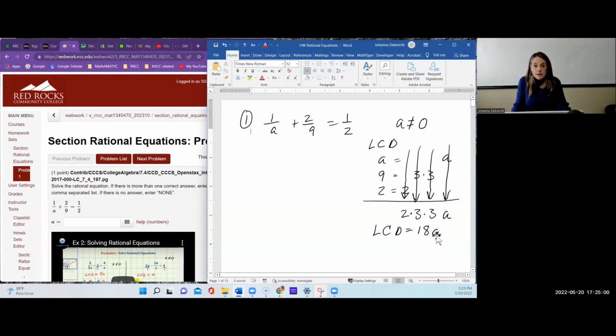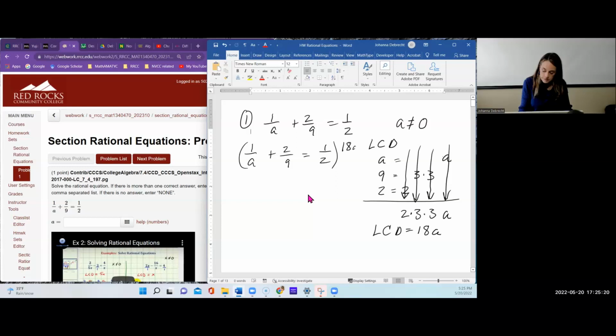Since the lowest common denominator is 18a, I want to multiply everything on both sides of the equation by 18a. There are 2 ways of writing it. You could put the entire equation in parentheses with 18a on the outside and then distribute. Or, and what I prefer to do, is to write it on each individual term.